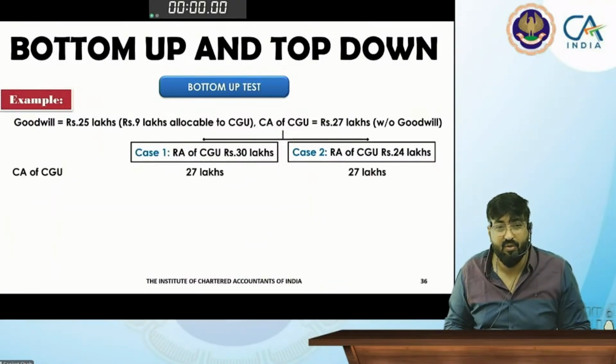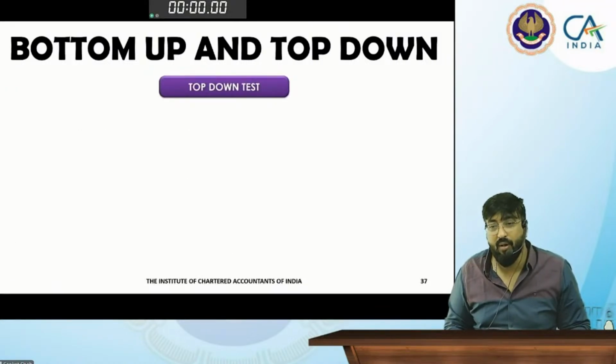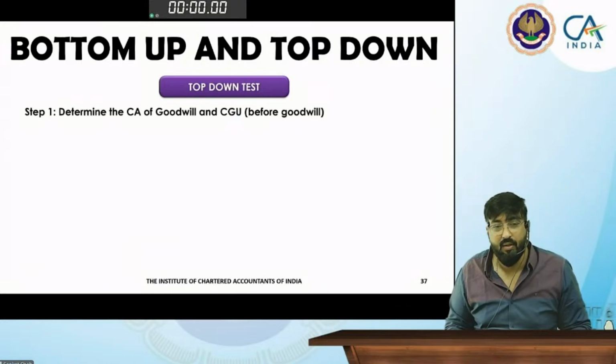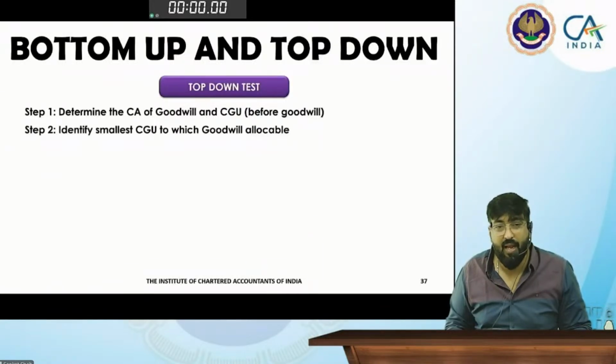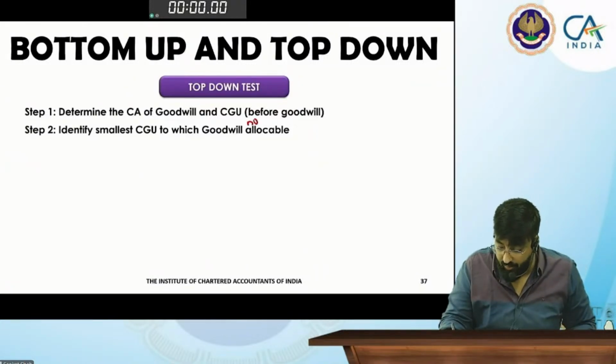Okay, no example is needed now. You already understood it. Top-down approach. Determine the carrying amount of the goodwill and CGU, before goodwill, correct? Identify the smallest CGU to which goodwill is not allocable.